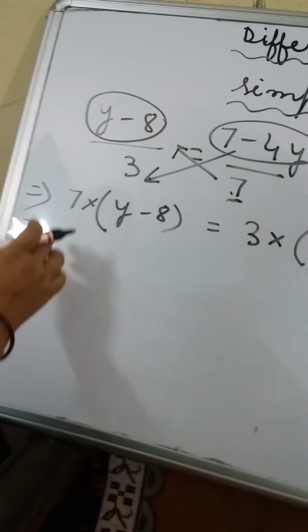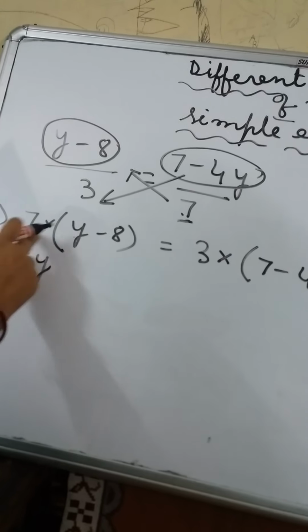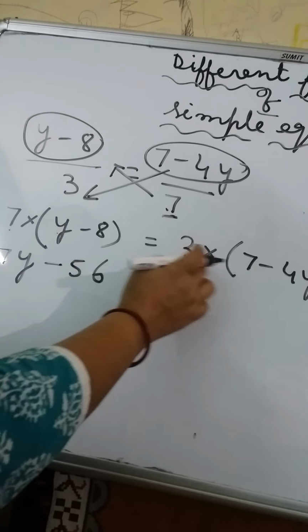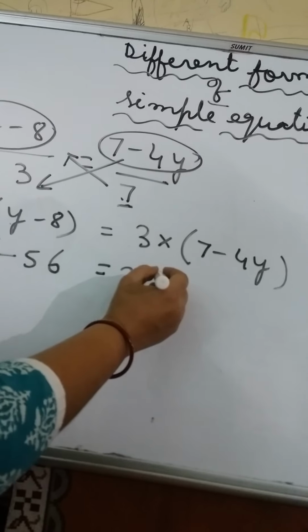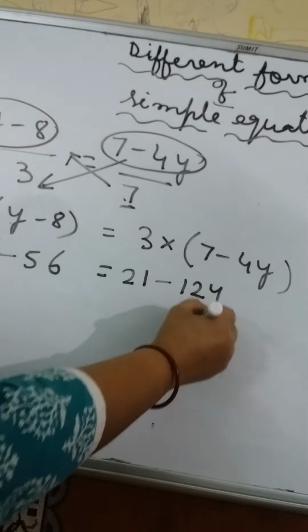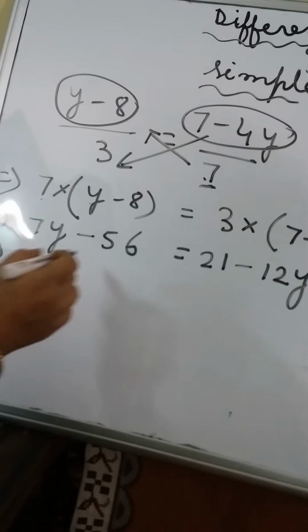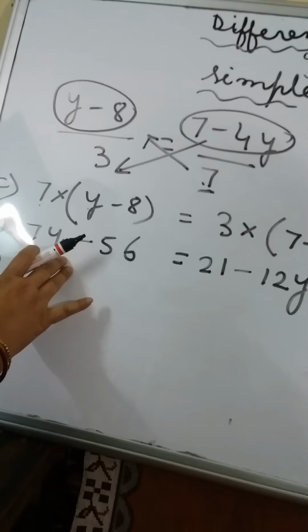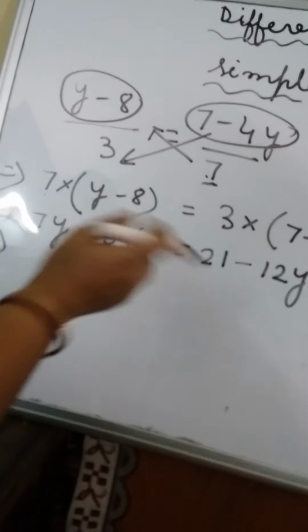Next you have to open this bracket. So 7 into y is 7y, 7 into minus 8 is minus 56. 3 into 7 is 21 and 3 into minus 4y is minus 12y. Now you have to put these variables together on one side and the constants on the opposite side.